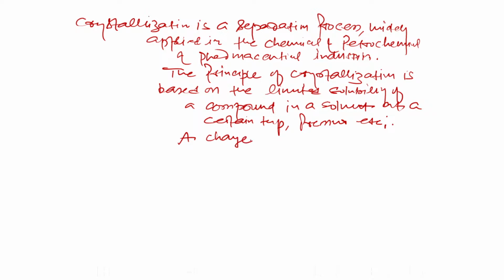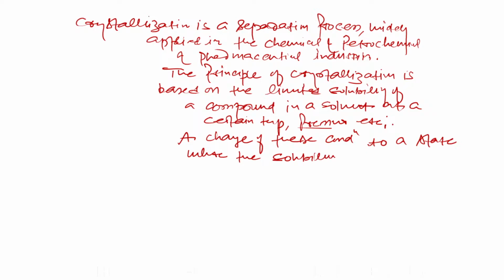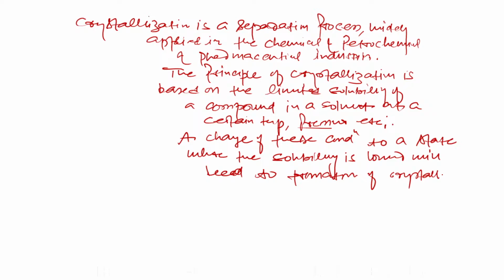A change of these conditions, which conditions? Temperature and pressure. A change of these conditions to a state where the solubility is lower will lead to the formation of crystals, a crystalline solid.